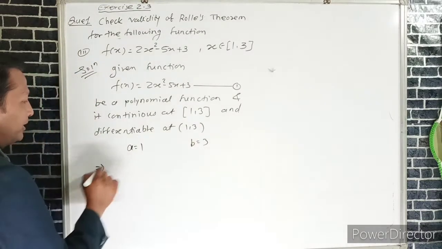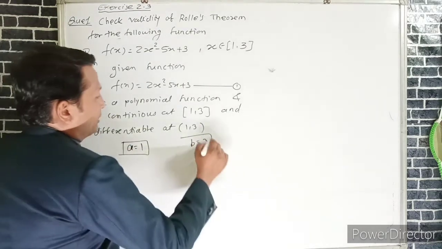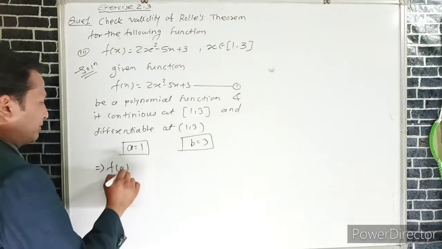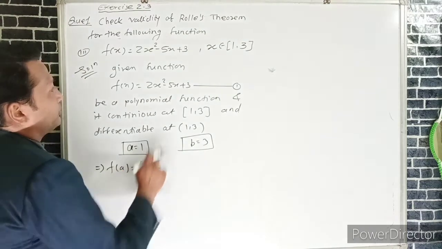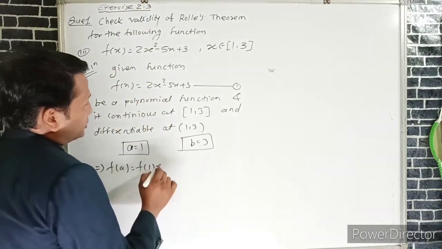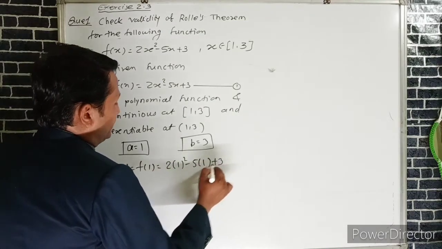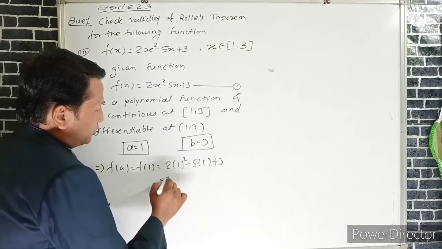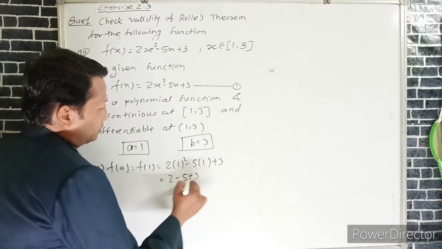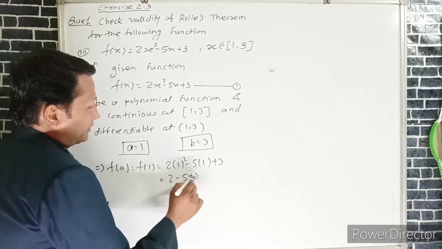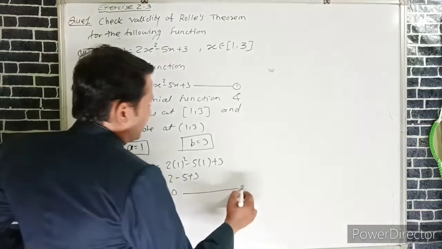From the above values of a and b, we can find the value of f of a when a is equal to 1. If we replace the value of x, which is 1, in equation number 1, we can write 2 into 1 square minus 5 into 1 plus 3. 2 into 1 square is 2, minus 5 into 1, 5, plus 3: 2 minus 5 is minus 3, plus 3 is 0, number 2.